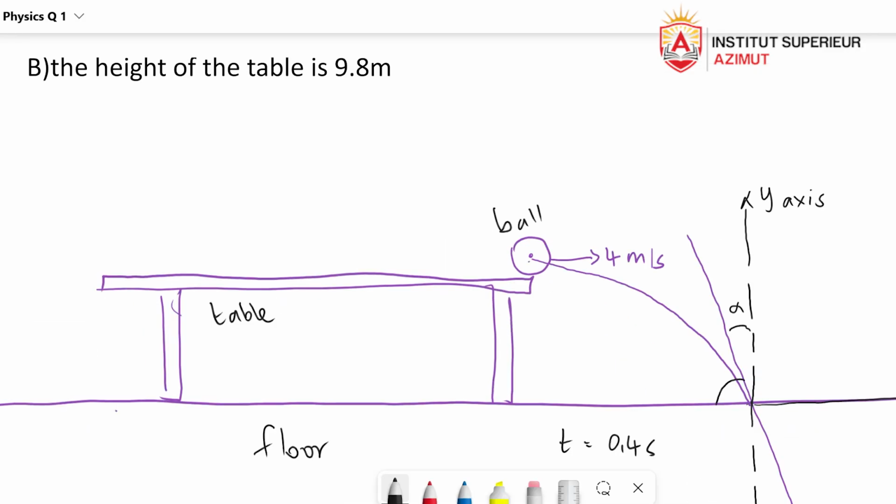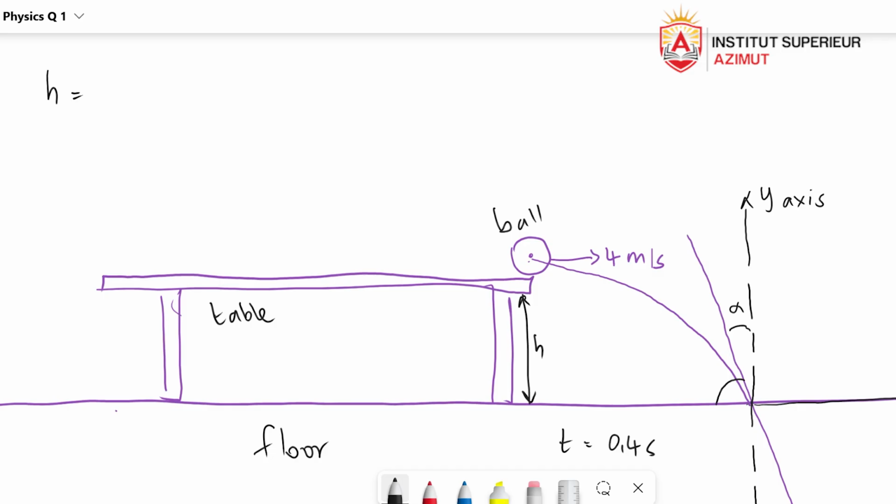B, the height of the table is 9.8 meters. So let's try to find the height of the table. So here is the height of the table, h. So h corresponds to the magnitude of the vertical displacement of the ball. Given that there is no vertical component of speed, we can just apply the formula that we all know since secondary school: h equals half g t squared, where g is the gravitational field strength and t is the time.